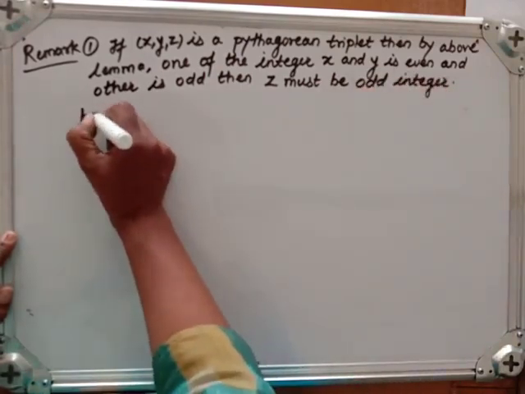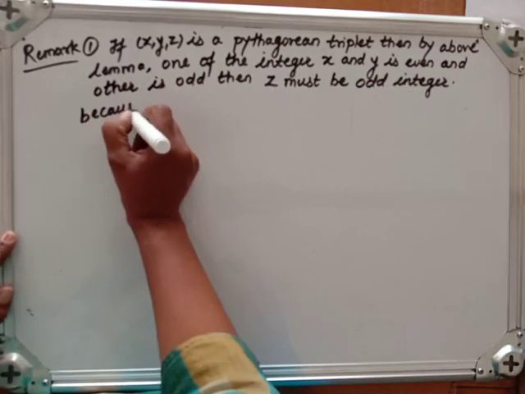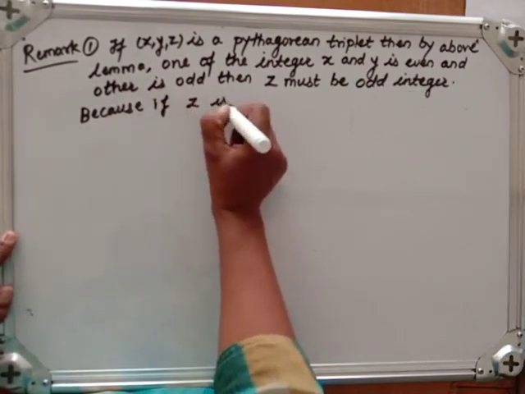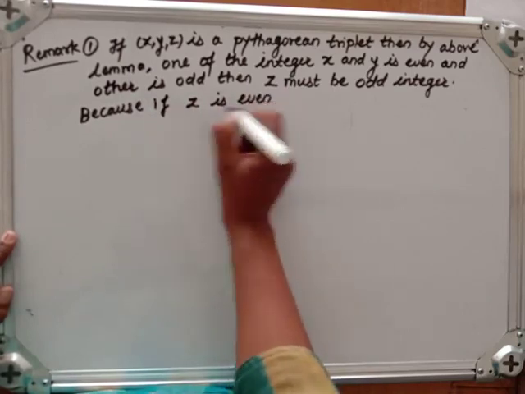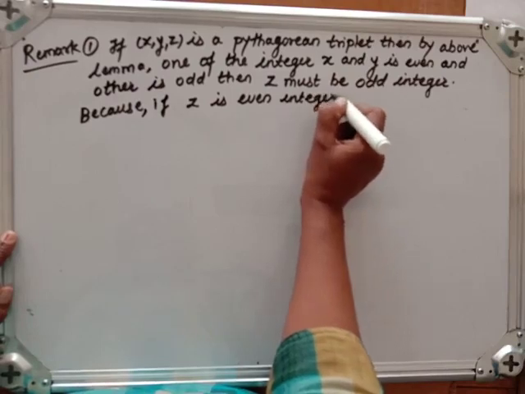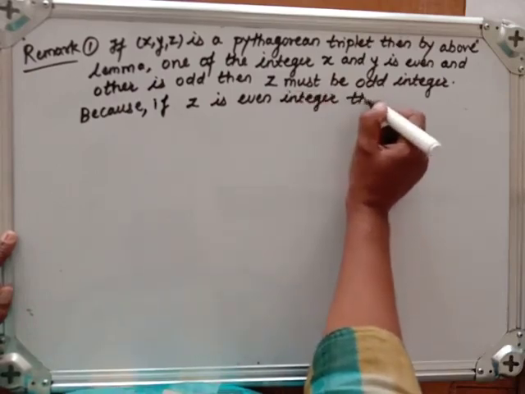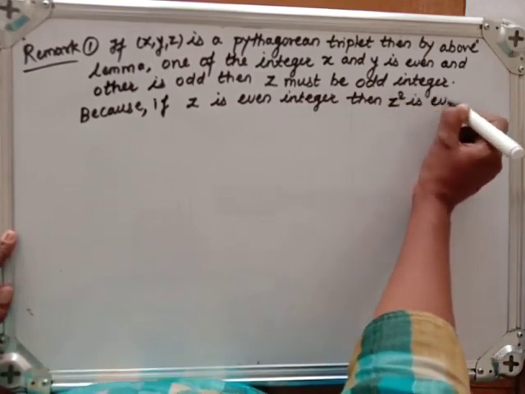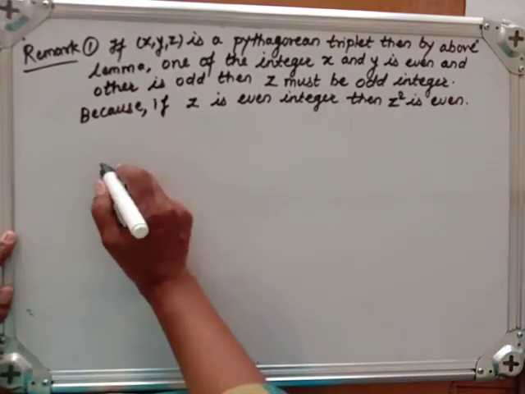Because if z is an even integer, then z square is even.